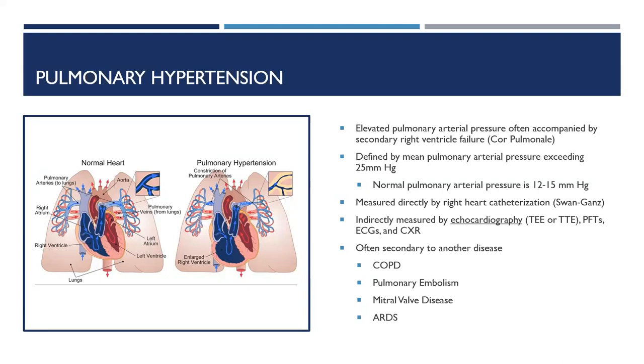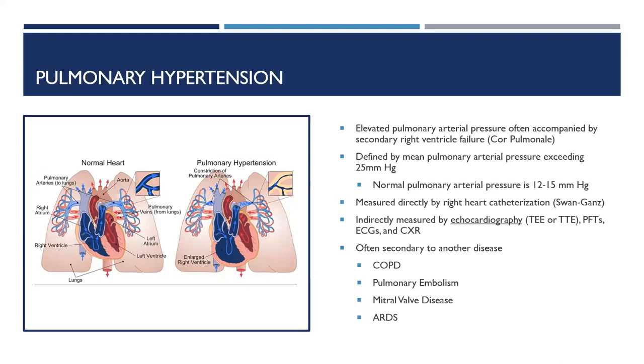So you can see cor pulmonale and changes with your P wave and your PR interval. That's not going to be on the test. Cor pulmonale is going to be a more advanced thing to be looking for on EKGs.